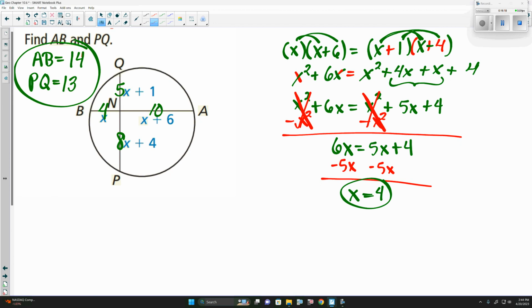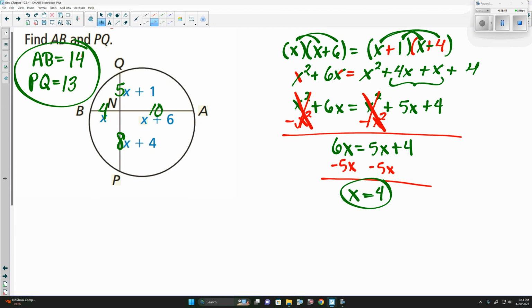Questions on any of these here? Not always. I think that's just how it works for these here. Well, it would be if they were diameter to diameter.